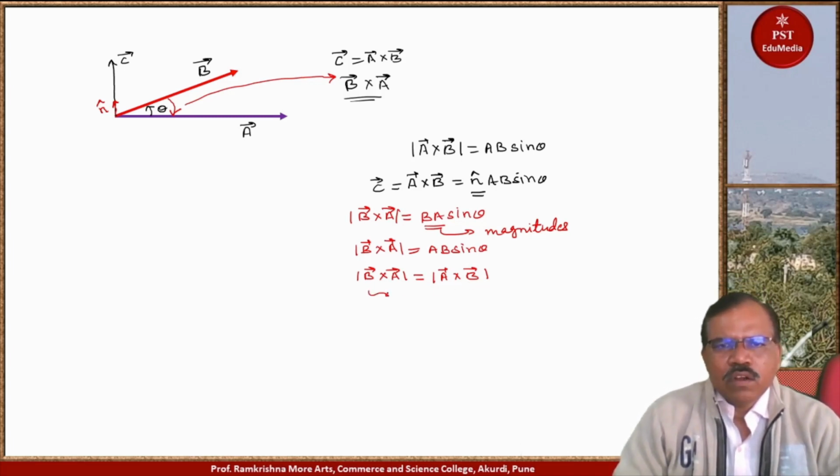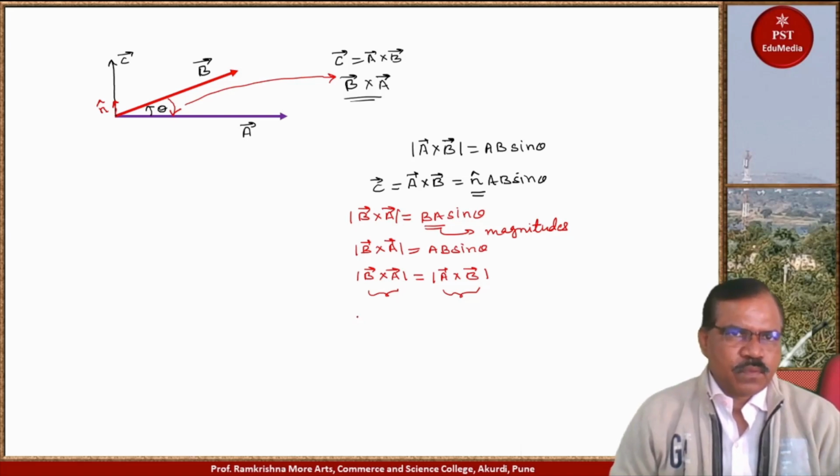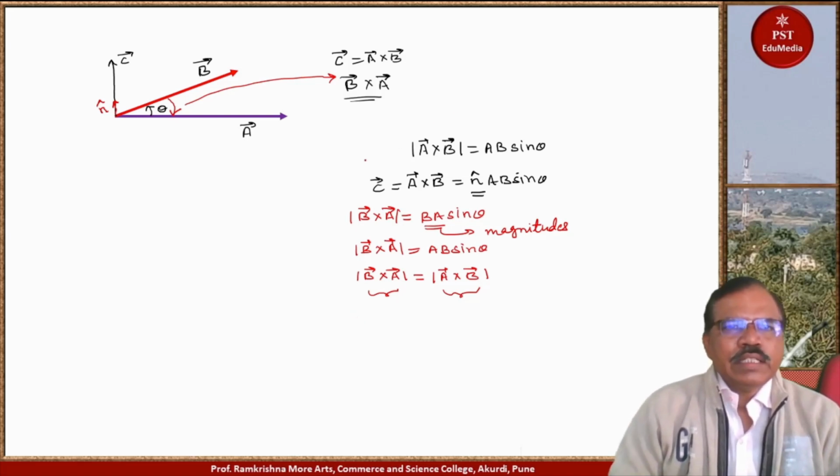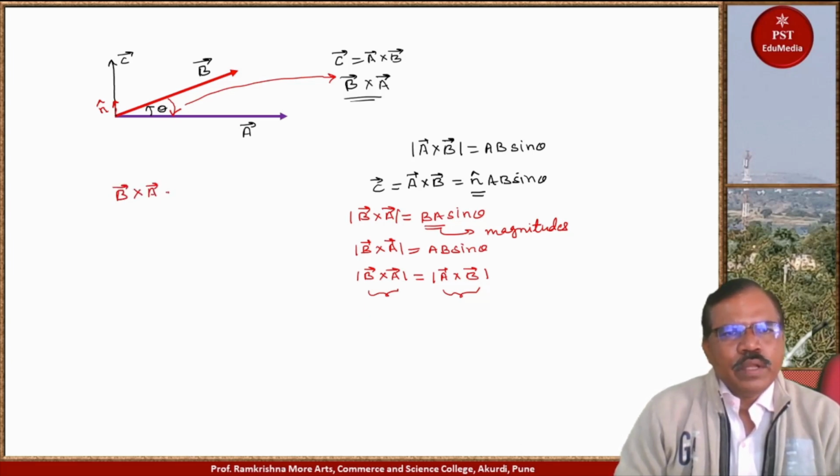But for B cross A, the sense is clockwise, and here it is anti-clockwise. So what is B cross A? I can write B cross A will be equal to, I will take some unit vector n1, times AB or BA sin theta.